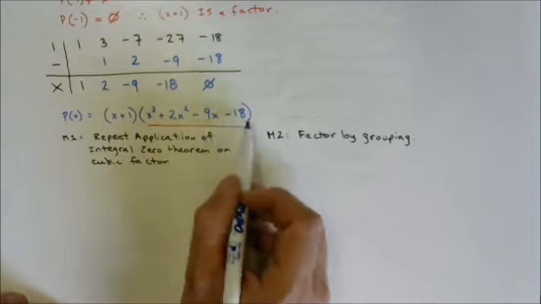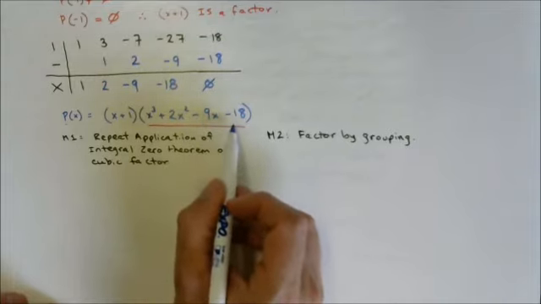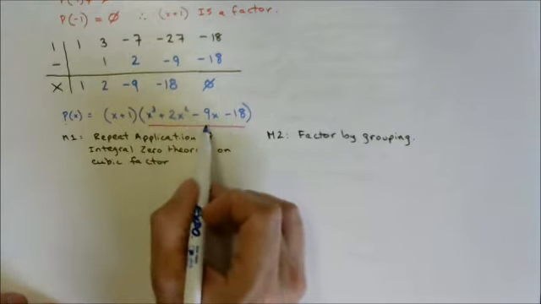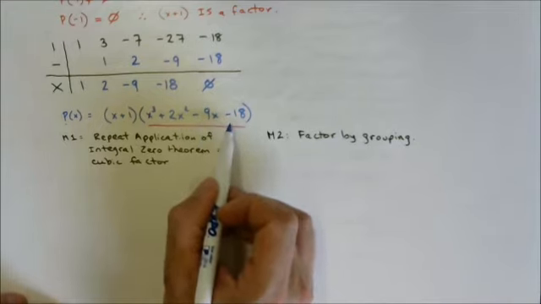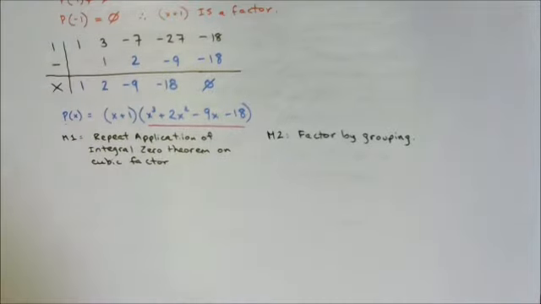And here I can see the same thing, that -9 and -18 are related in the same way that 1 and 2 are related. If I factor out -9, I'm going to be left with x plus 2. If I'm left with x plus 2 out of these guys and x plus 2 out of those guys, I can factor that out and complete my factor by grouping.